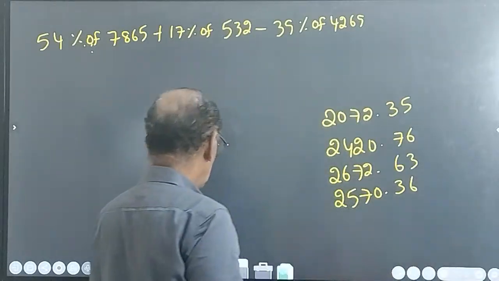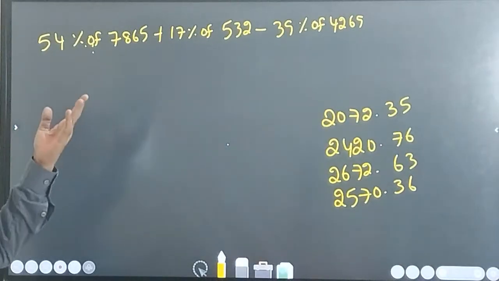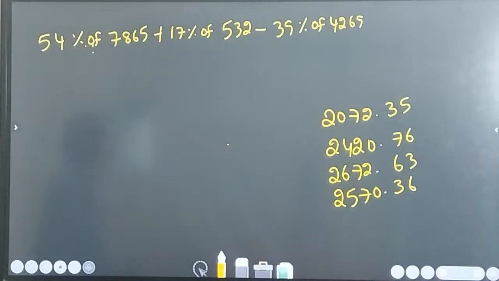Okay. See, imagine 39 by 100 into 4269. If you multiply, how much time will it take? 54 by 100 into 7865. If you multiply, how much time will it take?